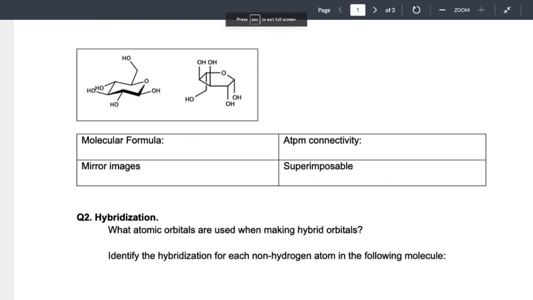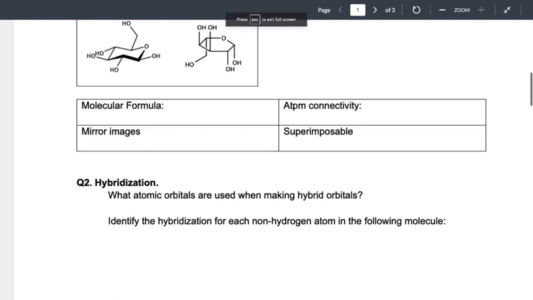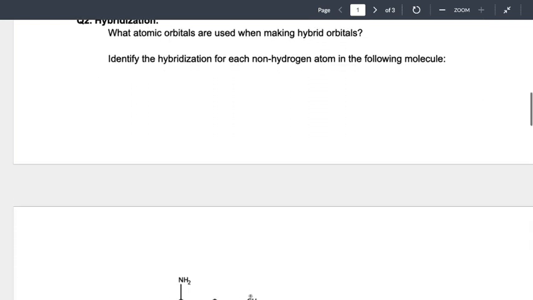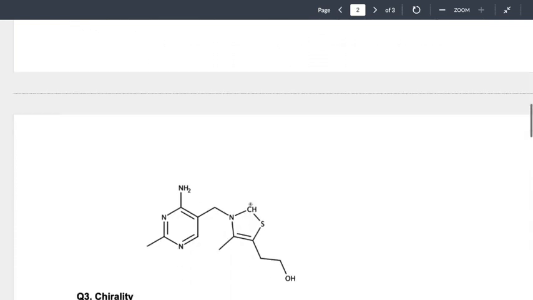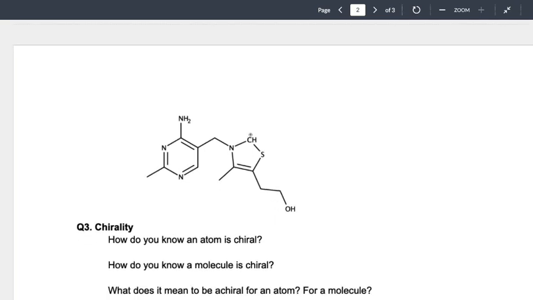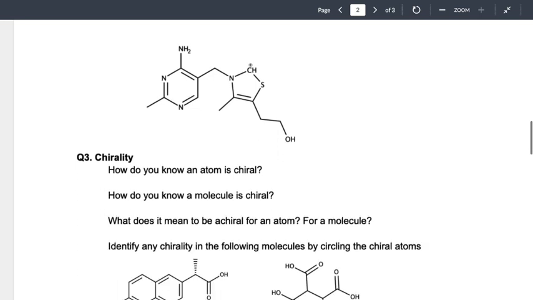Okay, hybridization. What was the question? It was the part where it said identify hybridization for each non-hydrogen atom. What does that mean? Am I just focusing on the ends? And I don't understand. See the red dot? Is that a hydrogen?